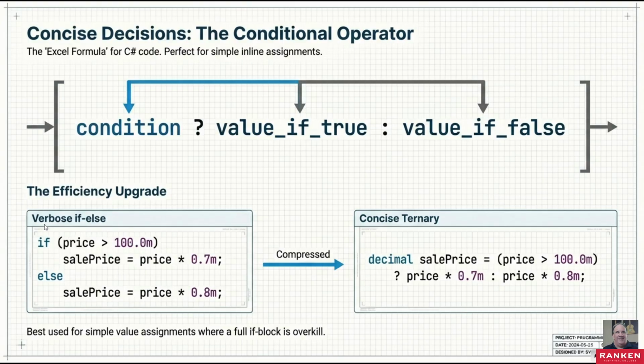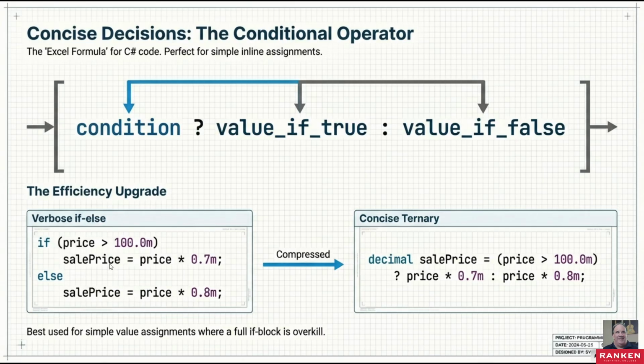So here on the left-hand side, you've got a regular if price is greater than 100, you're setting sale price to price times 0.07. Else, so if it's not greater than that, you're going to be setting it to price times 0.08, right? Or 0.8. So this is just a standard if-else statement, okay?